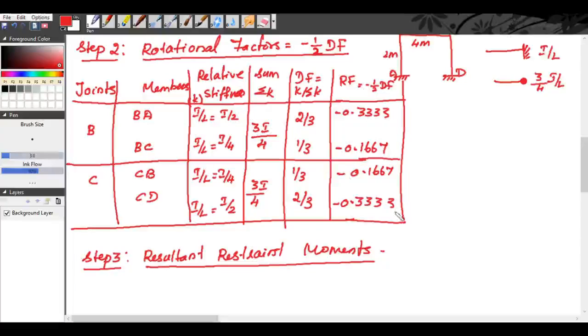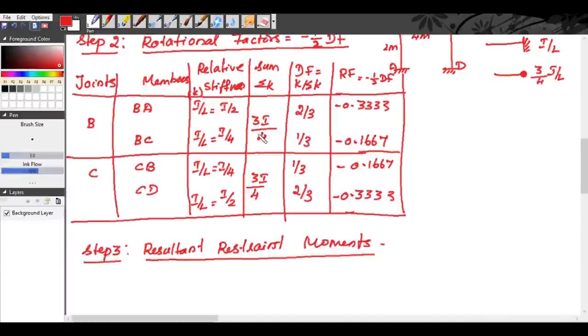You can see the values everywhere, it is symmetric. So if you find the rotational factor for joint B, easily you can mirror it for joint C. You can copy it as a mirror image. So for a symmetric frame, it is enough to find for one half. The remaining half you can write in a similar manner.